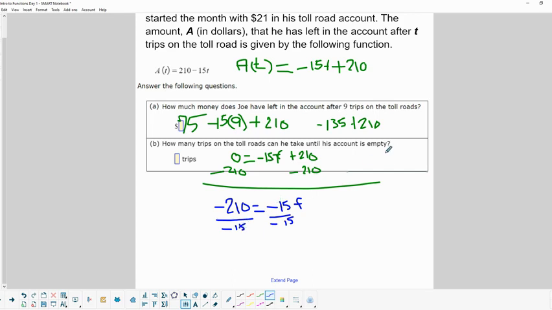So 210 divided by 15 gives us 14, so he can make 14 trips. So that's how you would complete that equation on Alex, and you might need a little bit of workspace to show your work.